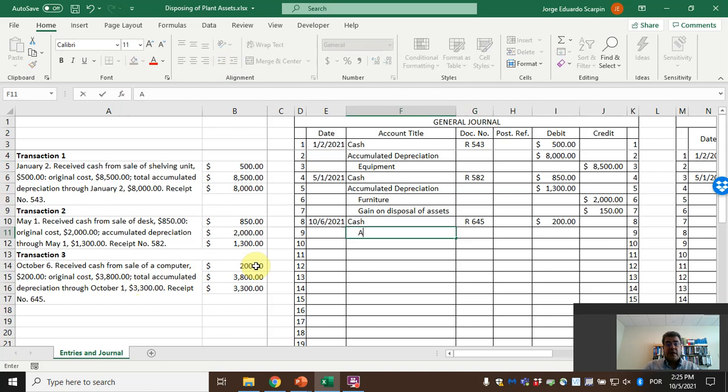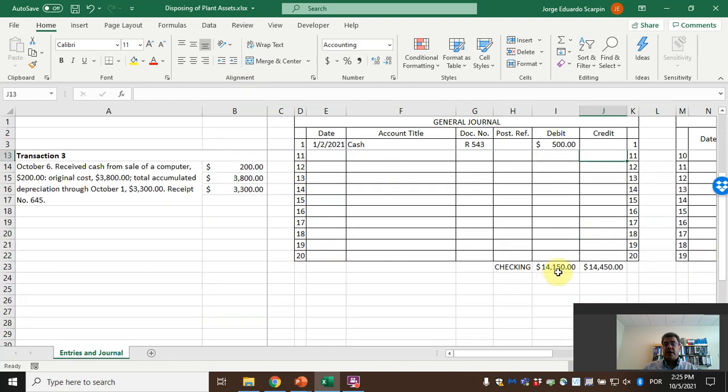What else? Accumulated depreciation. How much? $3,300. And computer, let's call it. It is a credit, $3,800, the original cost.